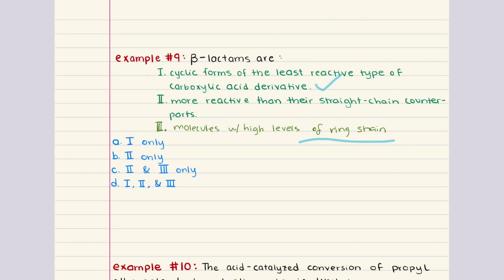So despite being an amide, the ring strain makes beta-lactams much more reactive than their straight chain counterparts. So statement 2 and statement 3 are both true. So all in all, 3 statements are correct, and problem 9 is D.